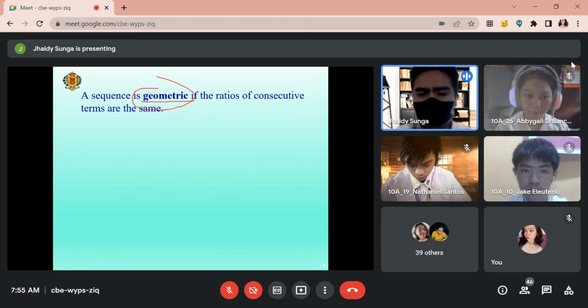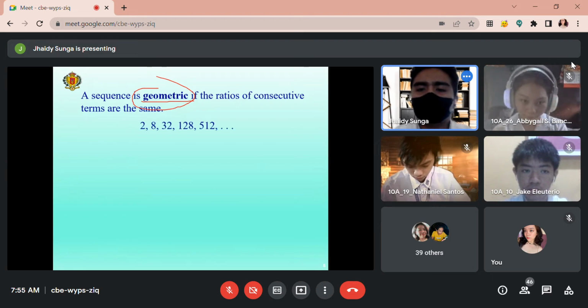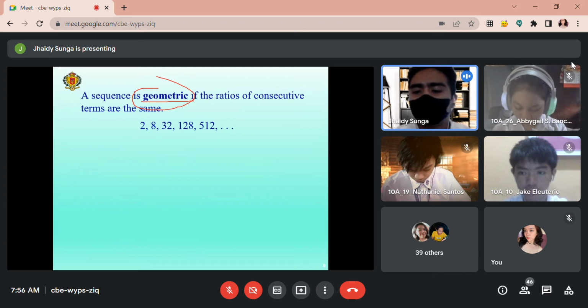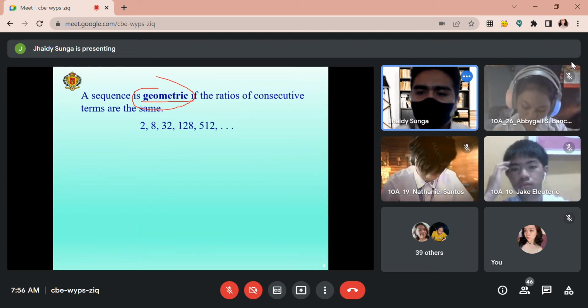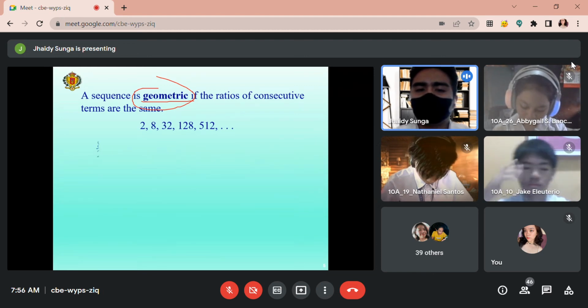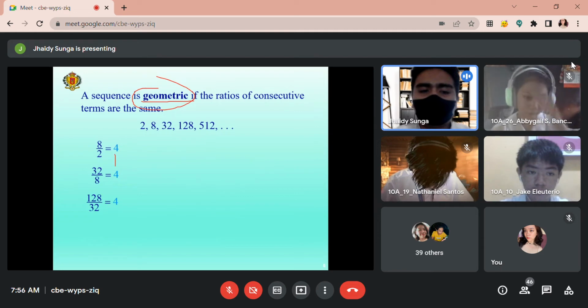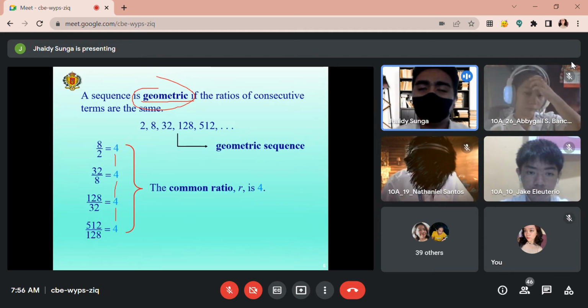Let us have this example now. We have 2, 8, 32, 128, 512. For this, we could see that it is geometric, knowing why: we have a common ratio of 4. I'm sorry, not common difference, common ratio of 4.